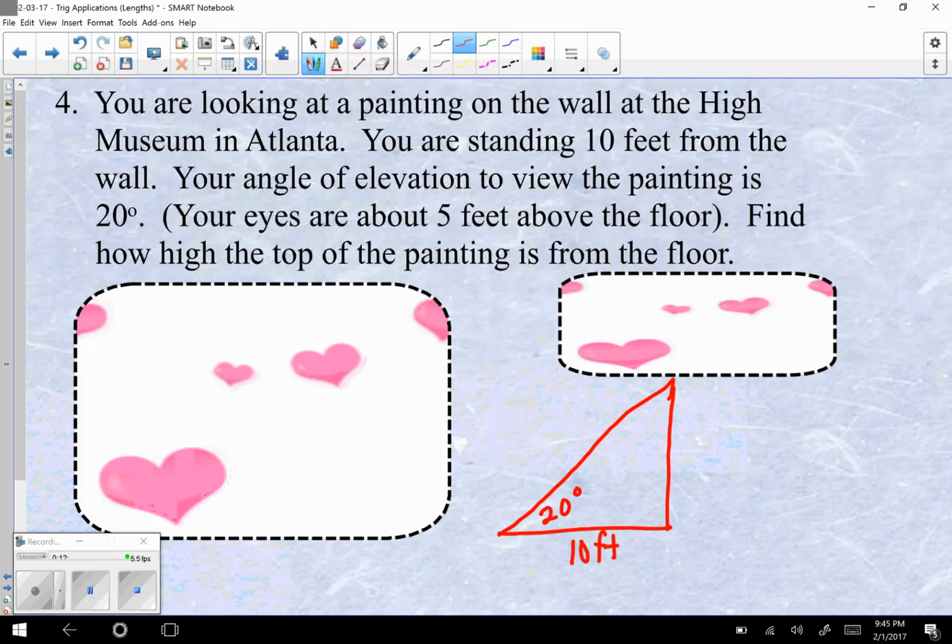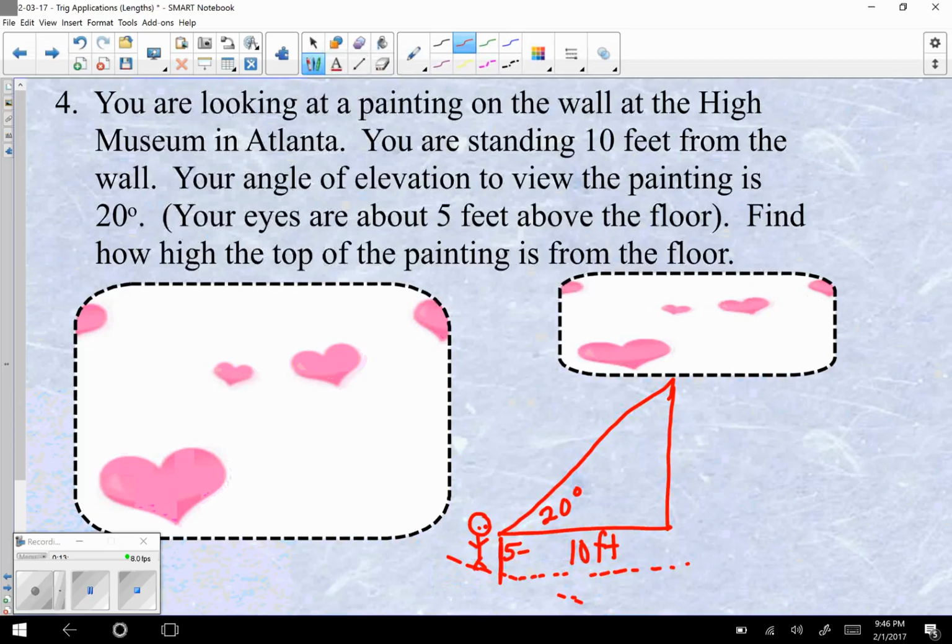Your eyes are about 5 feet above the floor. So it's like you're standing right here, right? There's your eyes looking up, and the ground is going to be somewhere down here, right? And we know this distance from here to your eyes is going to be 5 feet, right?